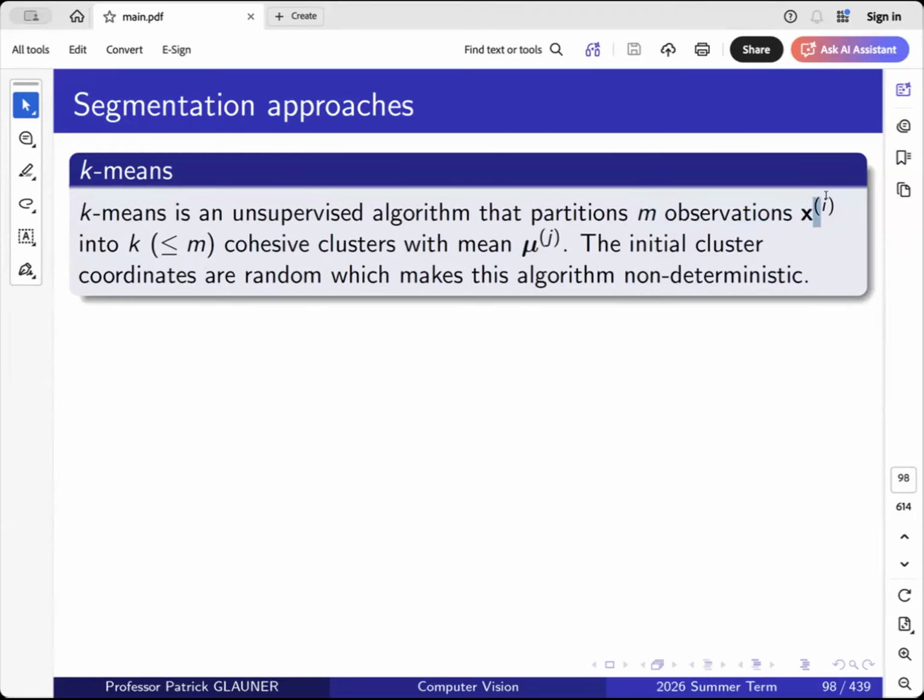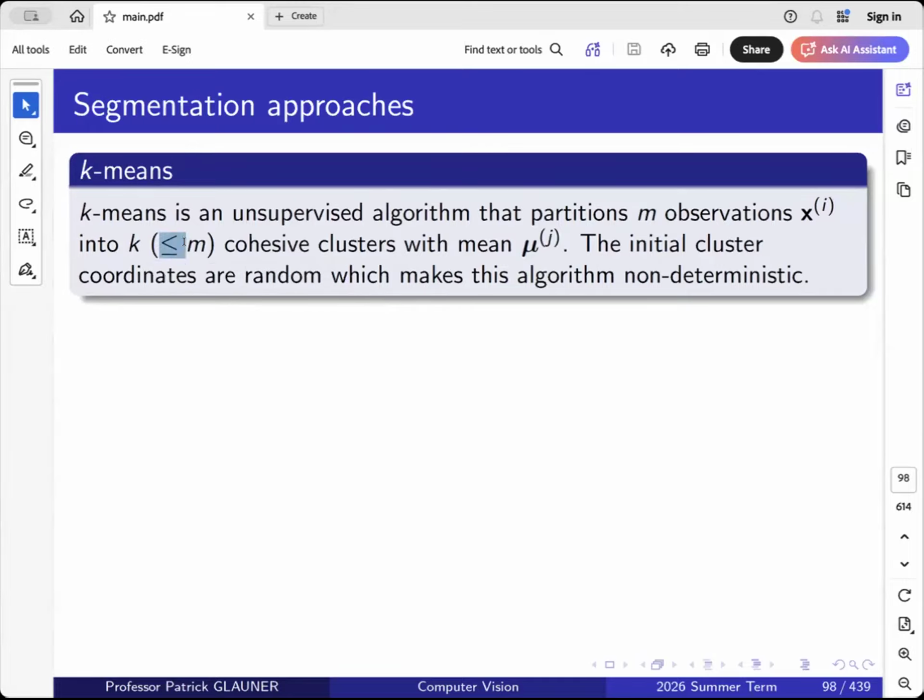And this example has an index for which I use an upper index, a superscript i, to count. And now I want to partition these m many observations into k clusters.